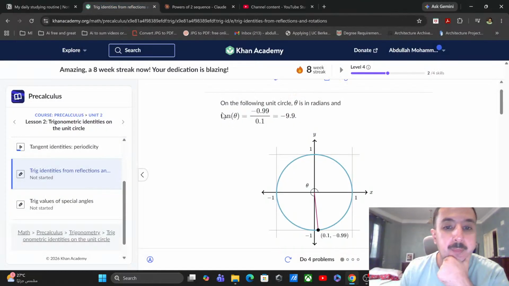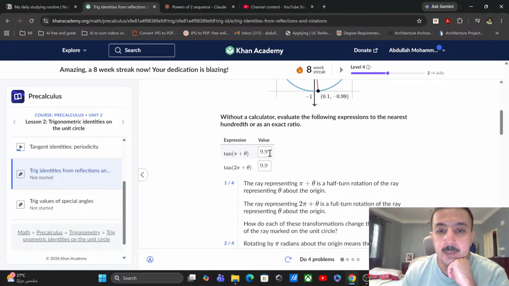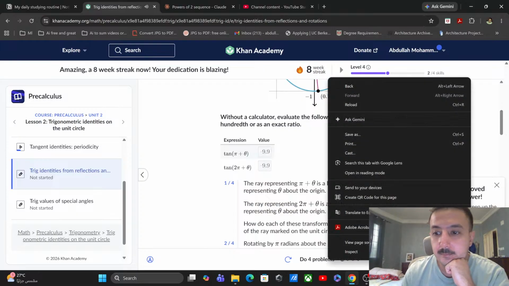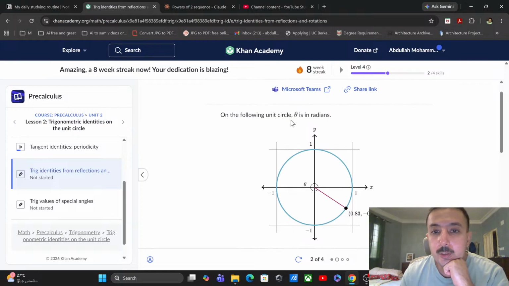Let's move on. Okay, so minus. Okay, unit circle, theta is in radians. So now it's in the fourth.